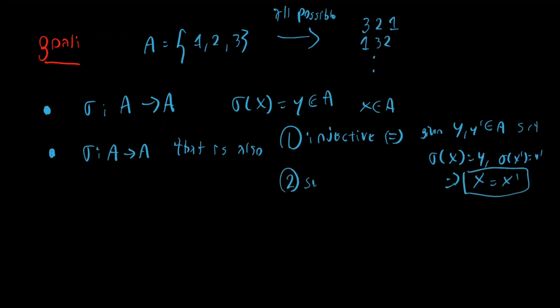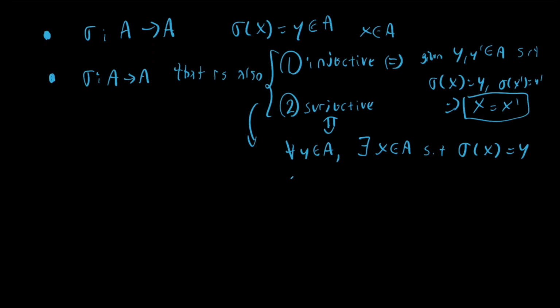And surjective. That means that for all y in A, there exists an x in A such that sigma of x is equal to y. Two conditions together, a function which is injective and surjective, is also called bijective. So we require sigma to be a bijection.